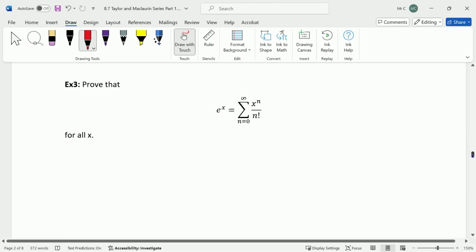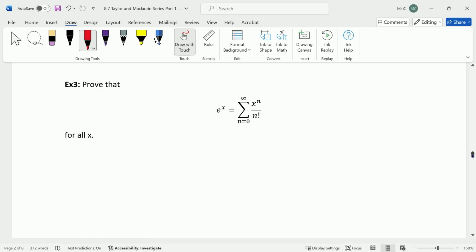we're going to use it to prove that e to the x is equal to the sum from n equals 0 to infinity of x to the n over n factorial. So we've sort of done two pieces of the puzzle here. We found the Maclaurin series, and we showed that it was convergent. So we already showed that the Maclaurin series, I should write m.